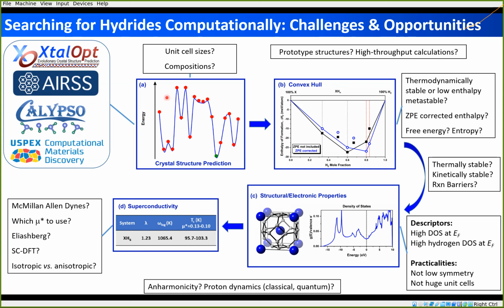And there are assumptions that people put into this, what types of chemistries and what types of unit cells will be considered. The next thing that would happen is one plots the enthalpy of formation with respect to the mole fraction of hydrogen to generate these so-called convex hull plots, and any structure that lies on this convex hull is deemed to be thermodynamically stable and potentially synthesizable.